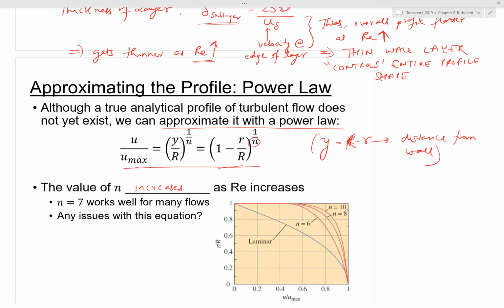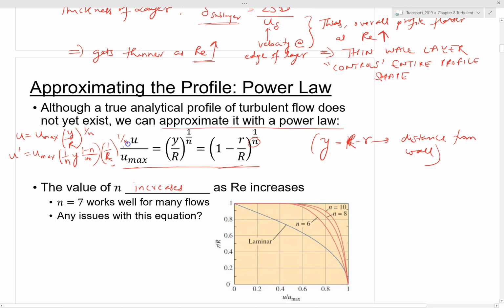Just to put into perspective, if you have u velocity equal to u max (y over R) to the power 1 over n, you take the derivative: u max times 1 over n, y to the power 1 over n minus 1, times 1 over R raised to the power 1 over n.